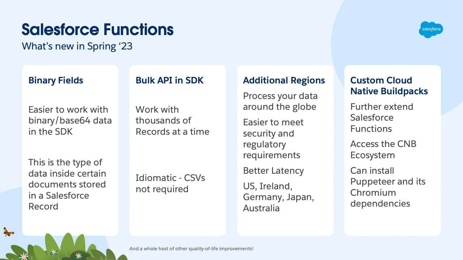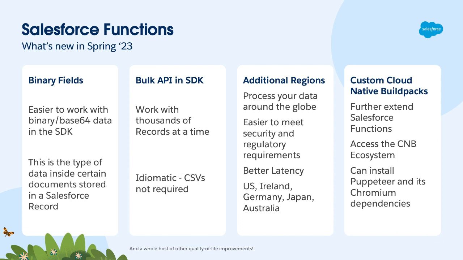We also have made it easier to use the Salesforce Bulk API in our SDKs. The Bulk API lets you work with thousands of records at a time, and we have provided this in an idiomatic fashion where CSVs are not required. It looks and feels very native to the language which you are in.